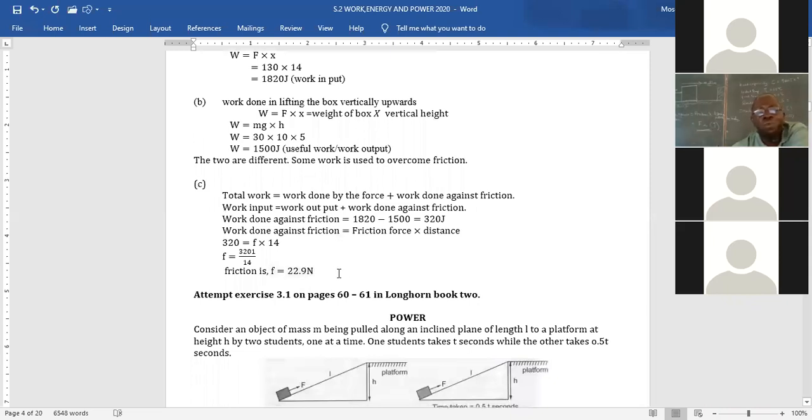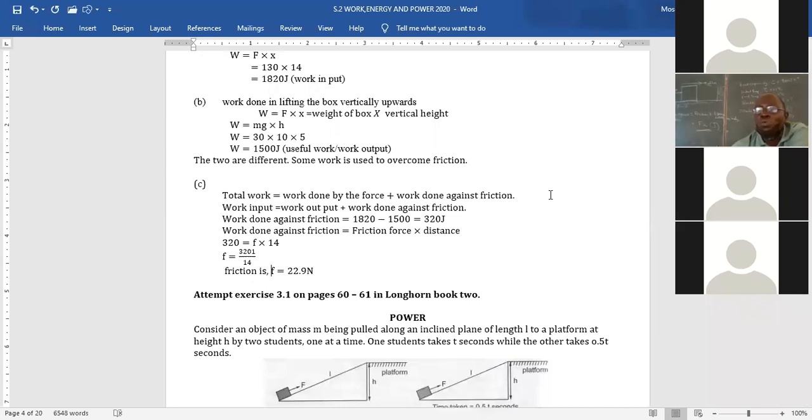Is that okay, everyone? Yes, so teacher, the total work. Yes, please. What work is this? So teacher, the total work done is the work done by the force of 130 newtons. Yes, I'll actually call it the work done by the effort. So it's the total work done.